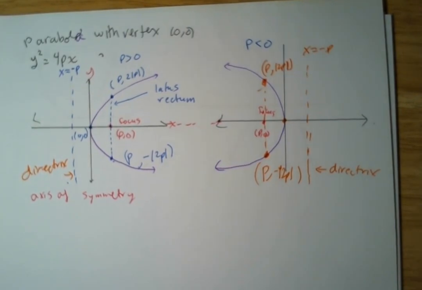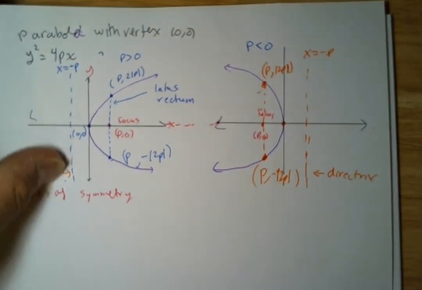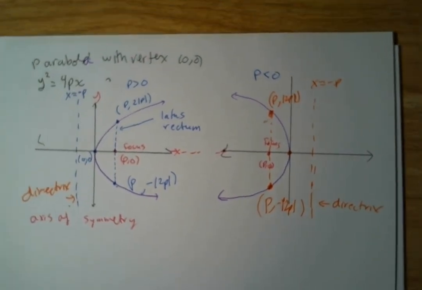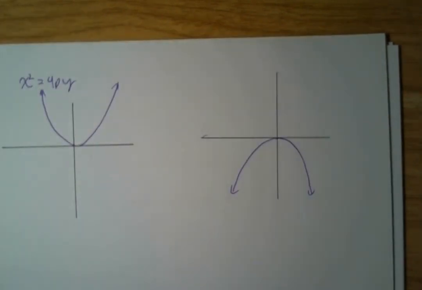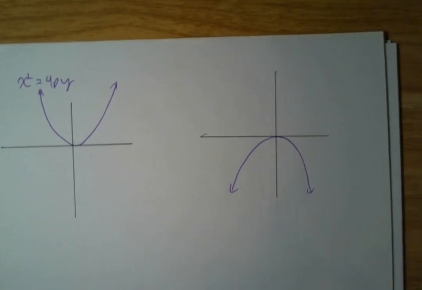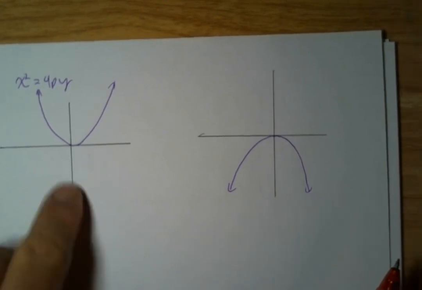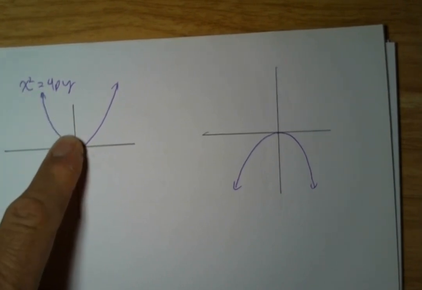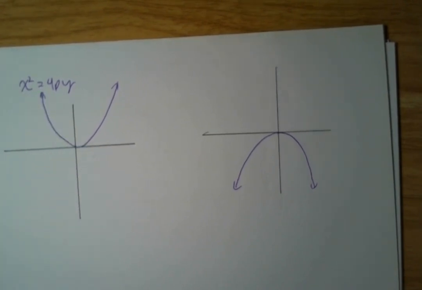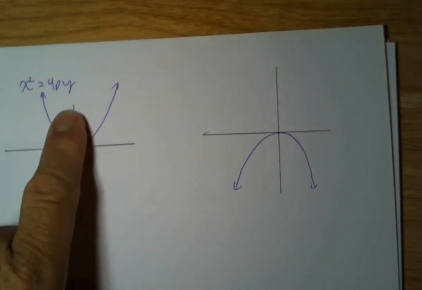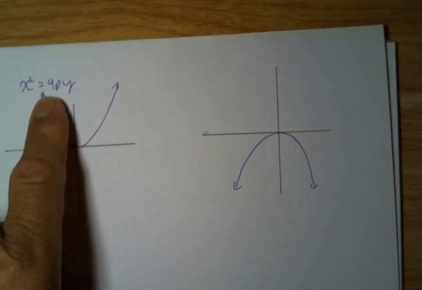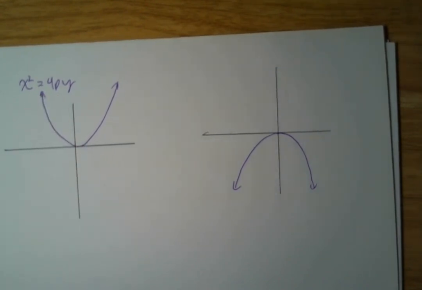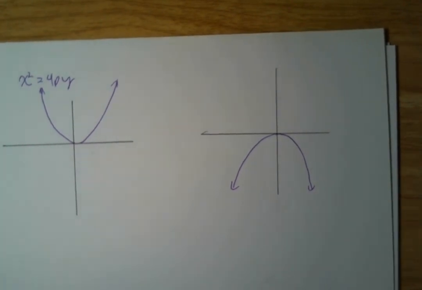Now, in a similar way, this is one that opens left or right. If we look at one that opens up or down, then the same kind of properties hold. The only thing we notice here is our equation now, which is something we're more familiar with, we just haven't written it in this form. Here the x variable is the one that is squared.